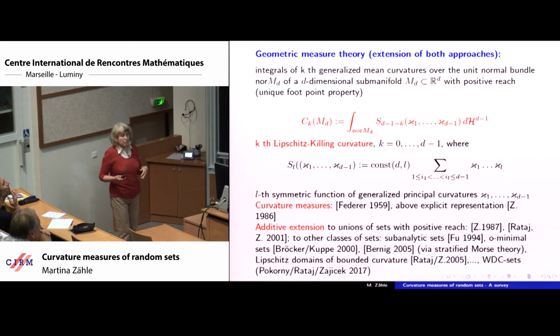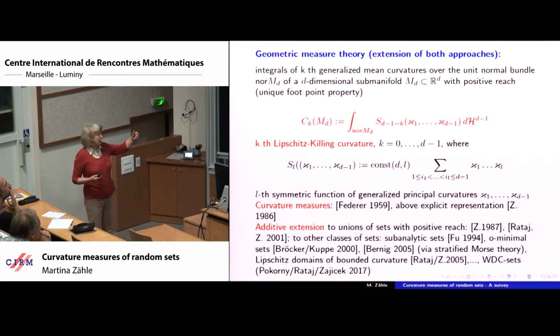And nowadays there are many extensions concerning such types of sets. But the extensions always work in such a way that you have again such a representation. You have a unit normal bundle, you integrate some symmetric function, but in a more general context, for instance for convex rings, you have to take into account a signed multiplicity, an integer valued multiplicity.